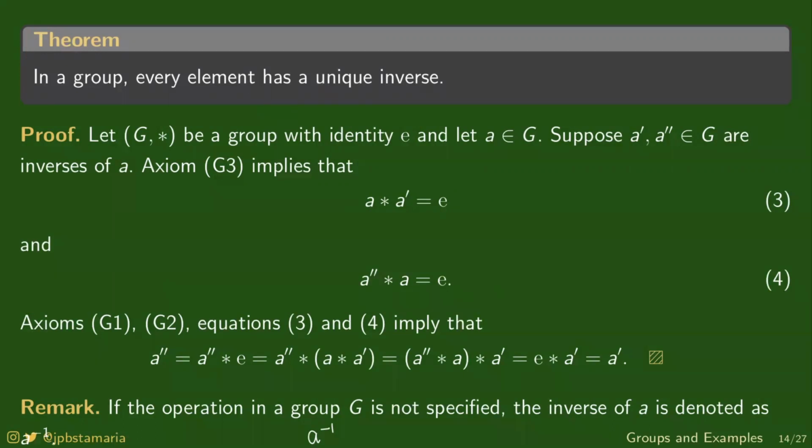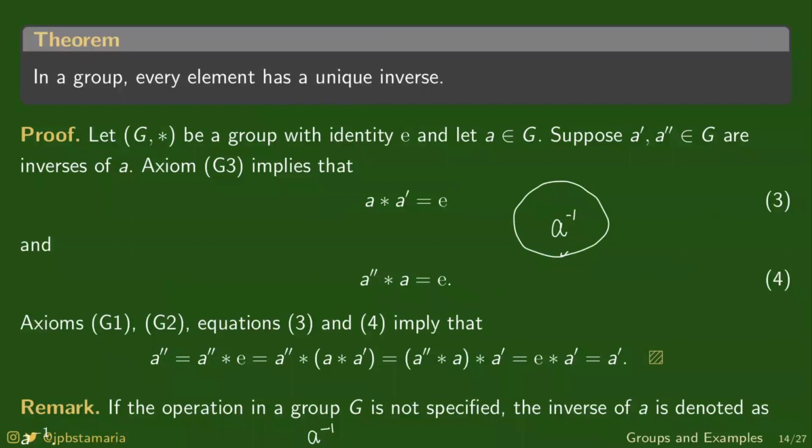Halimbawa, kasi 'di ba yung A inverse na ganito, iba-ibang meaning niyan eh. Kapag ang operation natin ay multiplication of number, ganyan siya. Pero pag addition, ang inverse natin ganyan. Pero ang ating generic na notation for inverse is this. Ba't ginamit natin yung A?